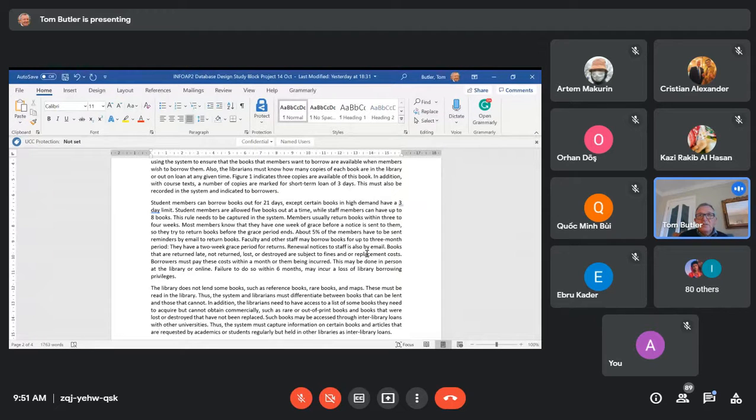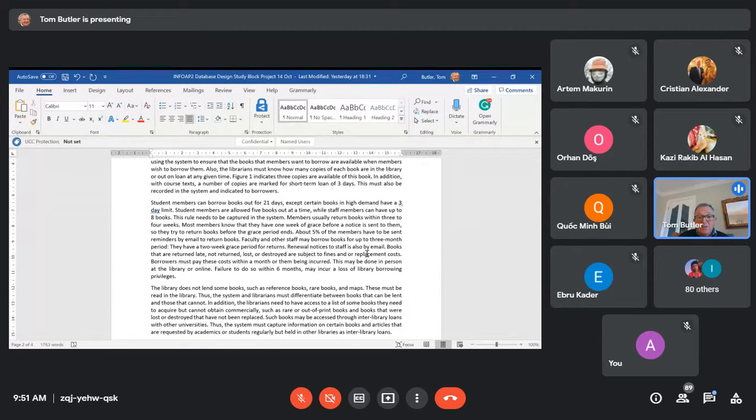So in book details, you might want a separate attribute called notices, to capture the fact that multiple notices would have been sent on different dates. Yeah, so that's important there.